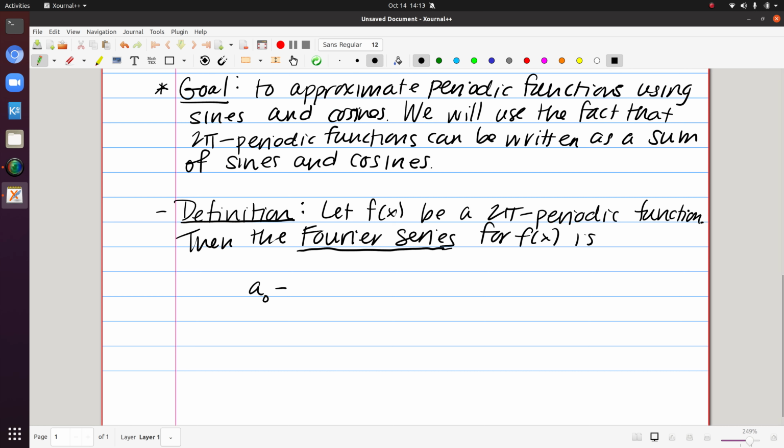A sub 0 plus the sum from k equals 1 to infinity of a sub k cosine kx, plus the sum from k equals 1 to infinity of b sub k times sine kx.